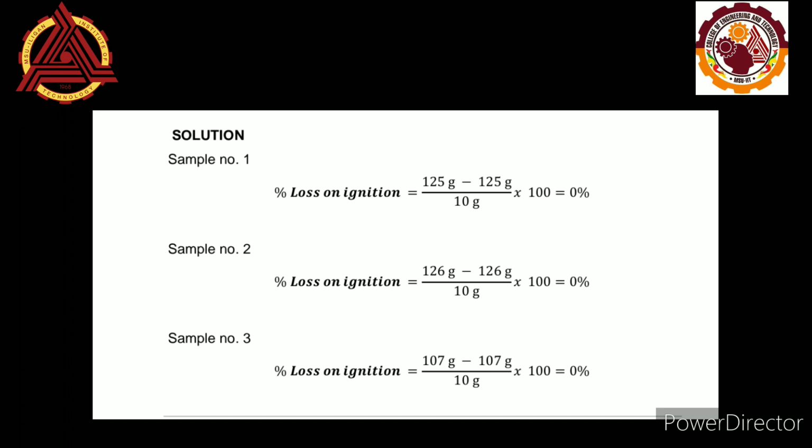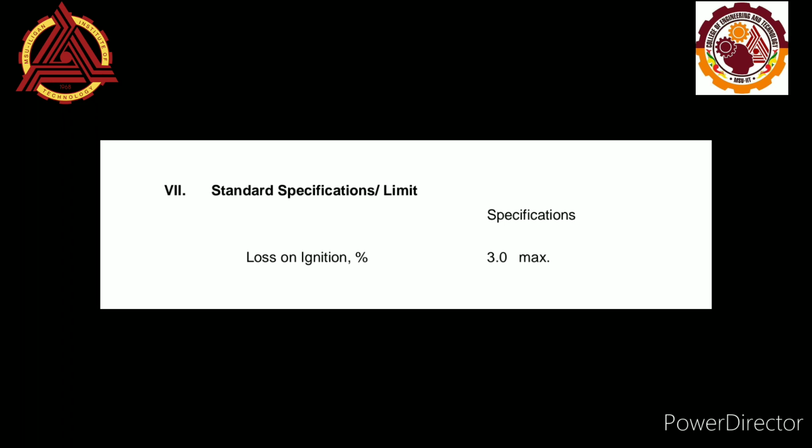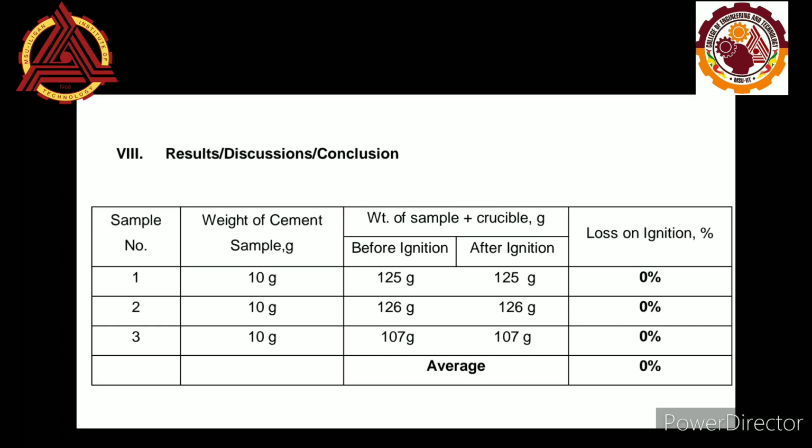And in sample number 3, 107 grams minus 107 grams all over 10 grams times 100 is equal to 0%. The standard specification or limit of this activity is 3% maximum.